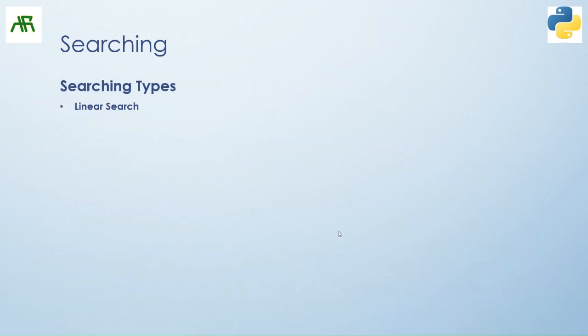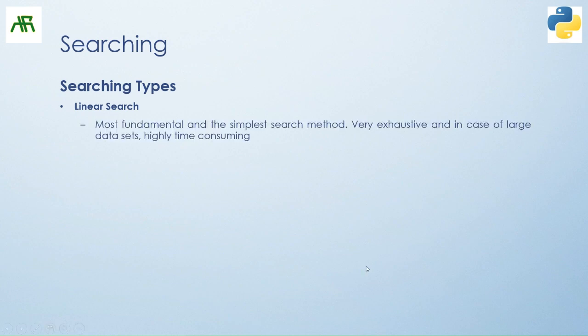Let's look at some searching types or searching methods. First one is the linear search. Linear search is the most fundamental and simplest searching method. It's very exhaustive, and in case of large data sets, it's highly time consuming. Each and every element in the target data set is compared against the element that we want to search, which is called a key.